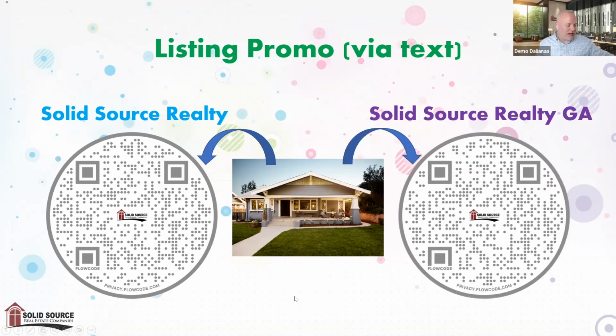So we're going to take a minute and take out our phones. I want you to see how easy this is, especially if you've never done it, to just grab your camera app on your phone and hover above it. We're probably all familiar with QR codes the last couple of years, but just hover your camera above whichever side of Solid Source you're on, Realty or Georgia, and then click the button that comes up.